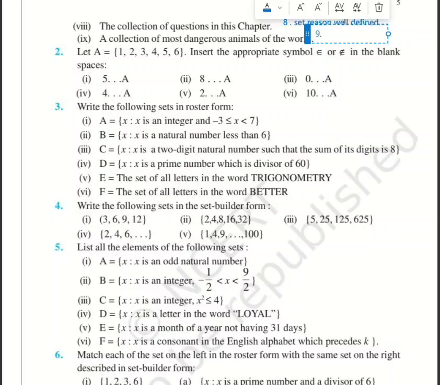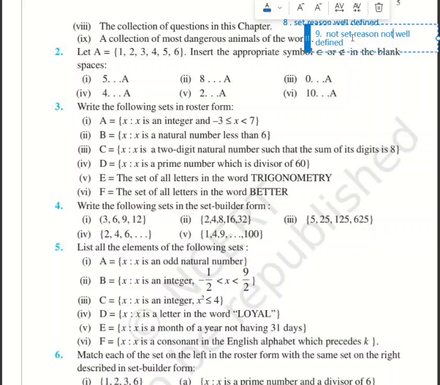So this varies from person to person, so we can say that this is not a set. The reason: it is not well defined. So these are all the parts we have covered.